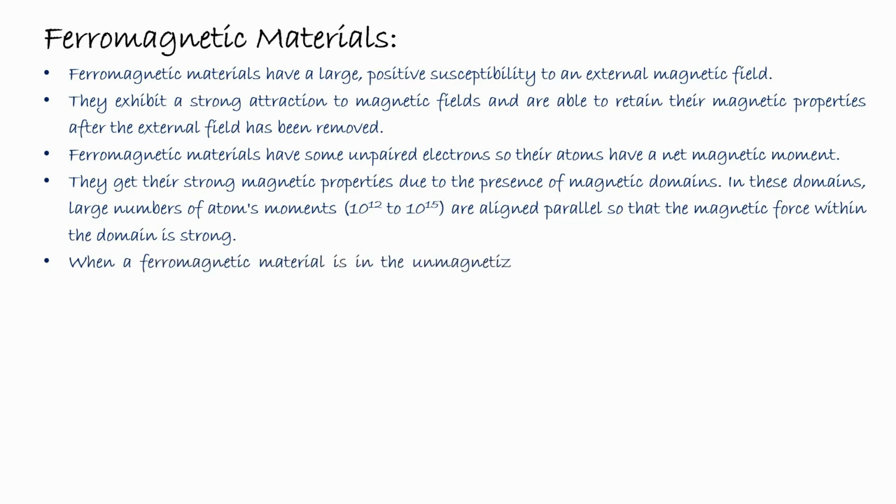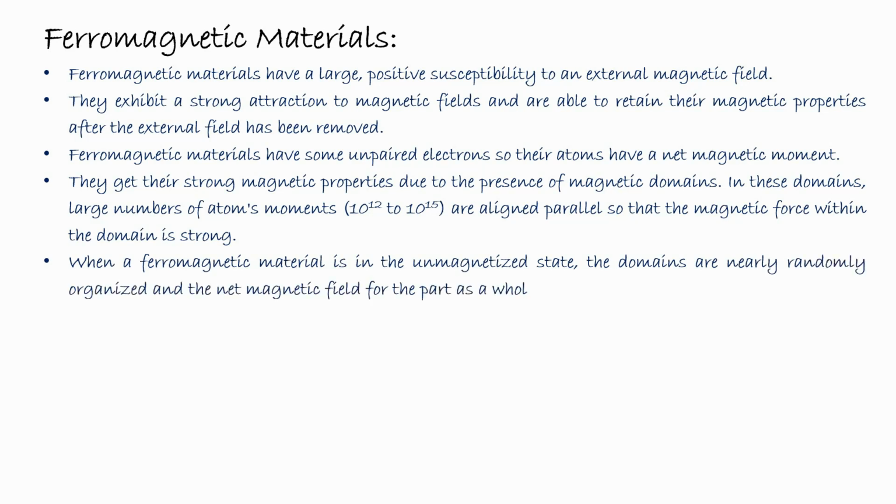When a ferromagnetic material is in an unmagnetized state, the domains are nearly randomly organized and the net magnetic field of the part as a whole is zero. So basically, when there is no external magnetic field, the domains within the material are in a random order, so the overall net magnetic field is considered zero.